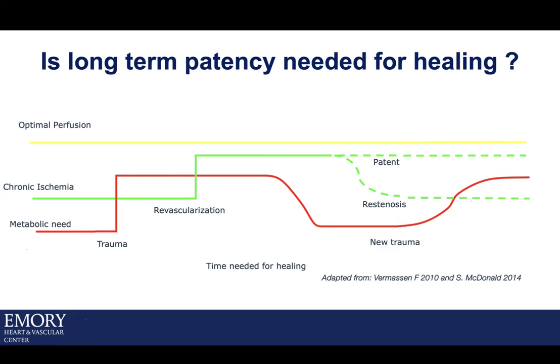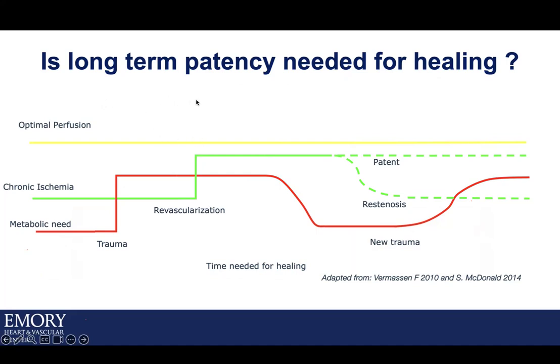If you have someone who has wounds, they have no rest pain, and you just want the wounds to heal, a lot of times you would just intervene, do revascularization, and improve the patency until the wound heals.